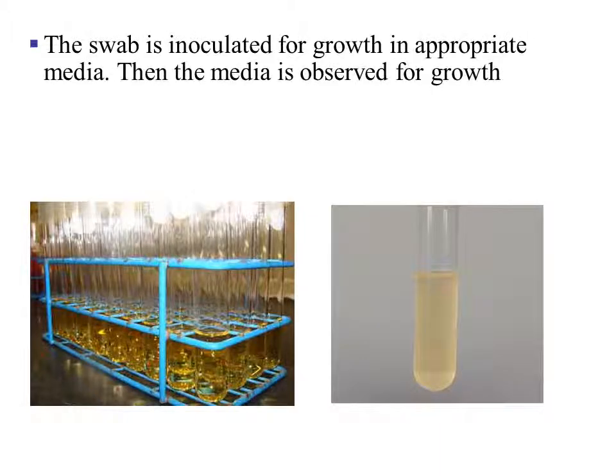The swab is taken before and after. Before you use the disinfectant, you will swab the doorknob. You will put that into a test tube containing broth. Then you will clean the doorknob with a disinfectant.